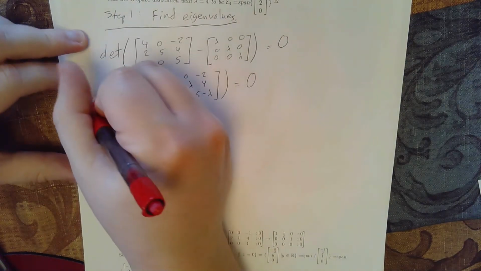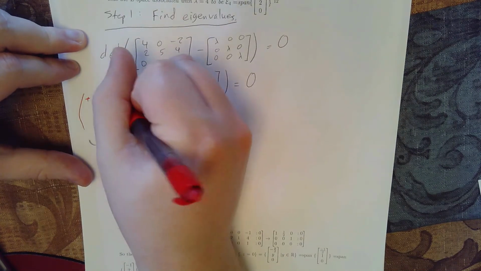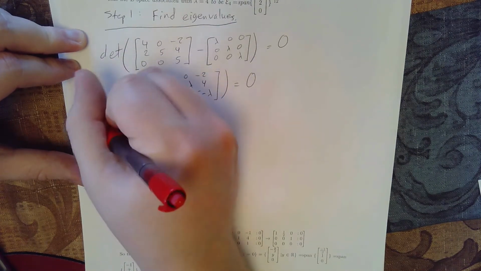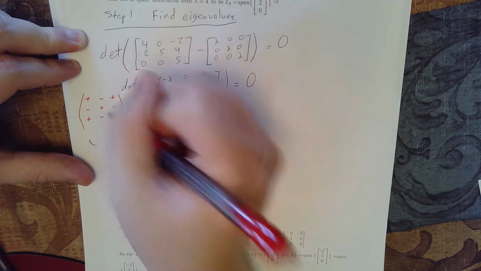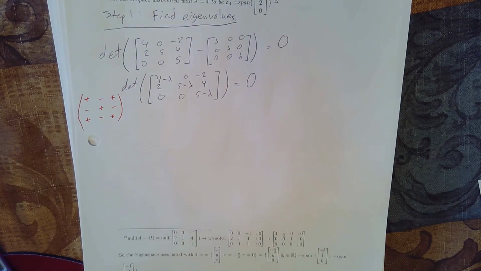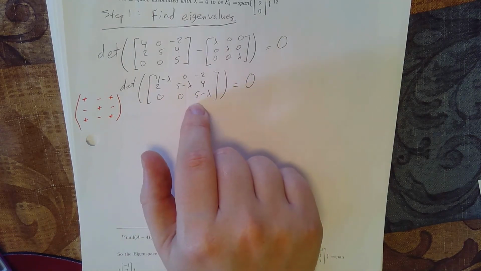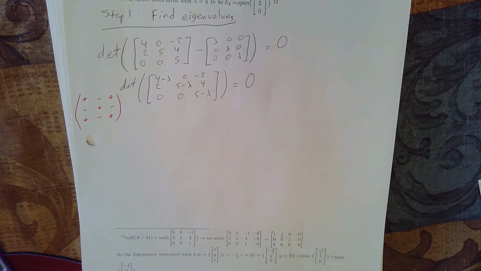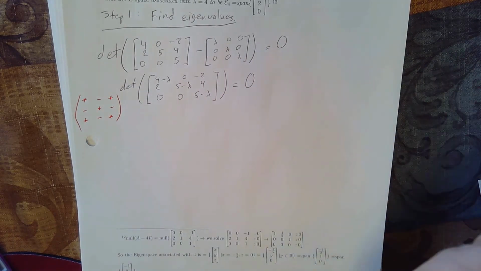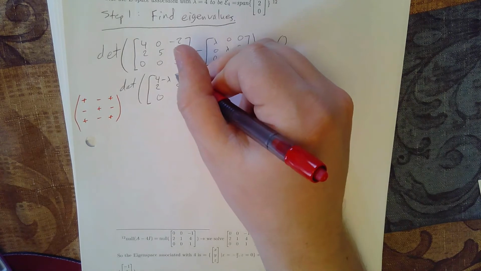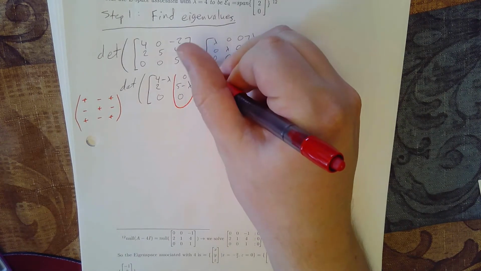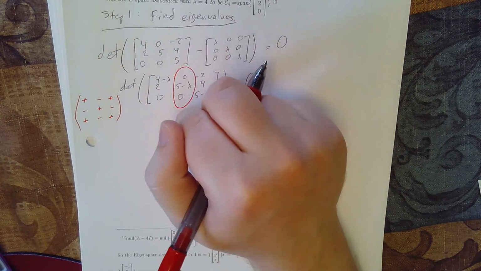So I'm going to use the plus, minus, plus sign pattern. In the scanned version of the notes from last year, I used the last row, so if you want to see this in a slightly different context, you can look at the scanned notes for diagonalization. But for extra practice and to see another way of doing it, I'm going to use the center column this time.